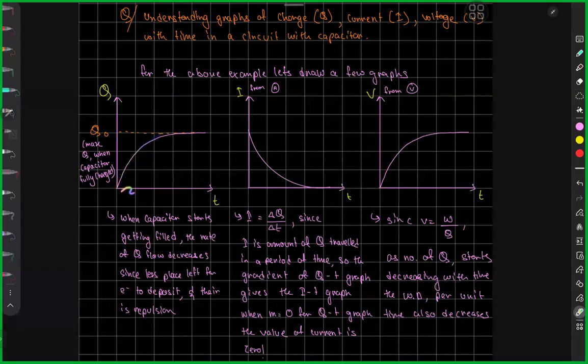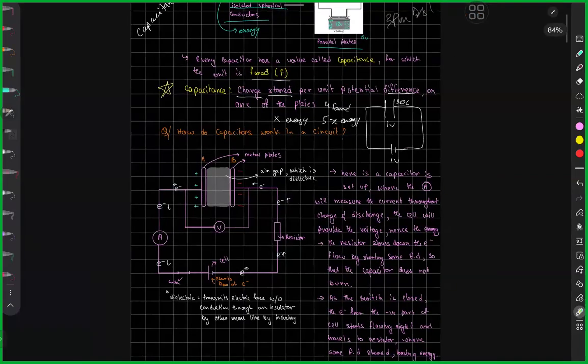So why is it that the rate of charge flow or rate of charge stored initially is so high? I'll explain it to you. Because initially, B is charged as what? Before I charge up the circuit, give me in the chat or unmute and tell me what is the charge on plate B before the circuit starts, before I close the switch. What is the net charge on plate B? Tell me.